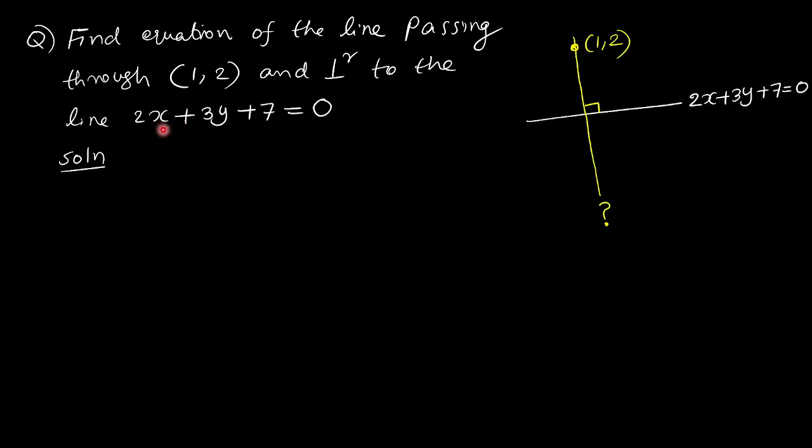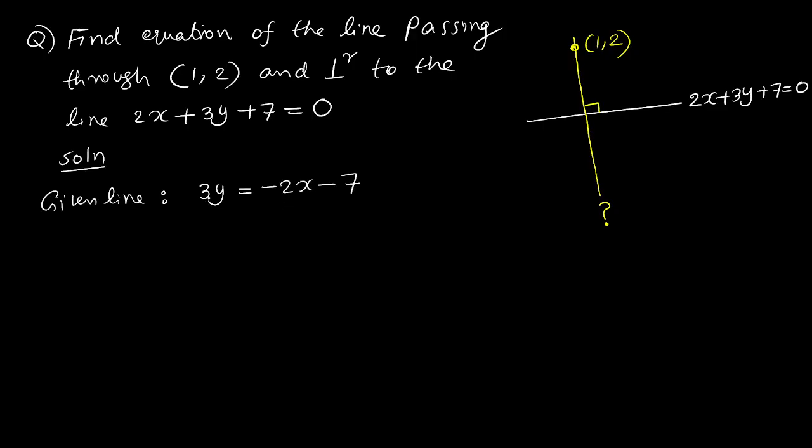The given line can be written, arranging, as 3y equal to minus 2x minus 7.